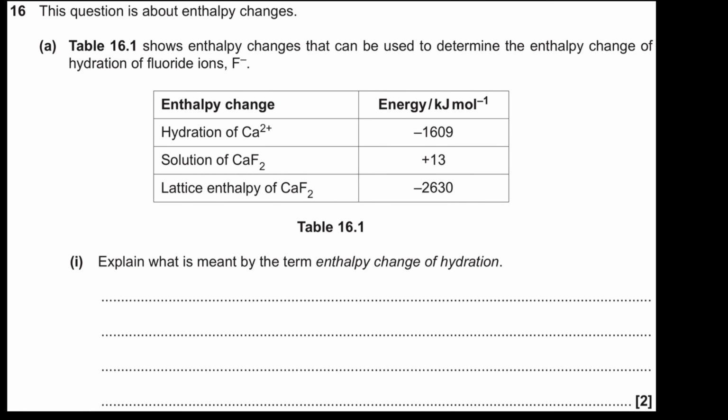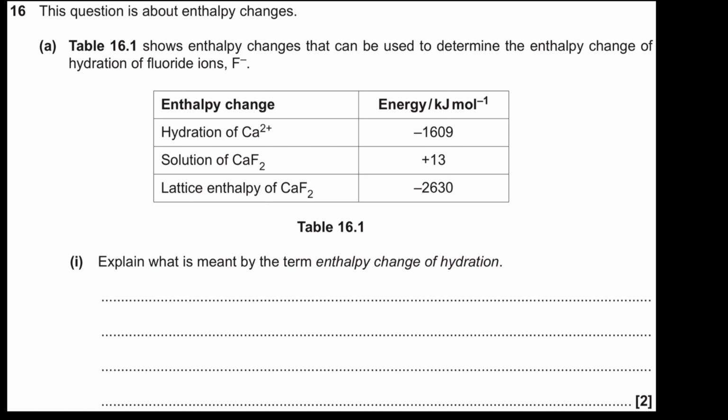Question 16. This question is about enthalpy changes. Part A, Table 16.1 shows enthalpy changes that can be used to determine the enthalpy change of hydration of fluoride ions, F minus. Explain what is meant by the term enthalpy change of hydration.